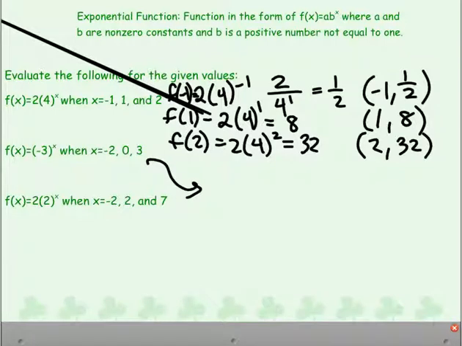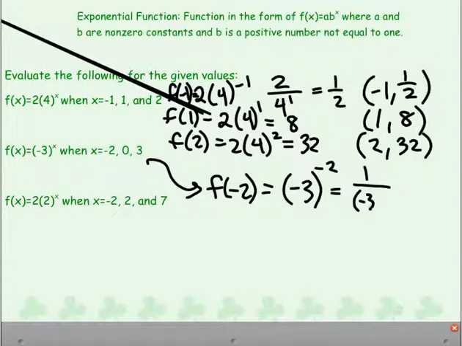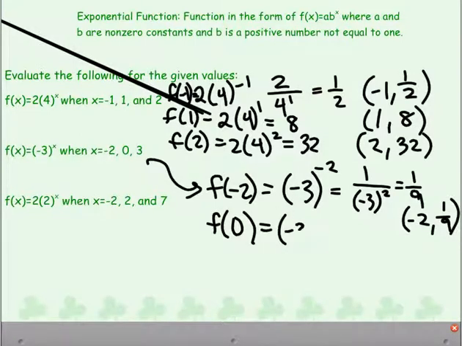I'll just do this one for us. So if I have f of -2, I'm going to have -3 to the -2nd power, which means I have 1 over -3 squared, which is really 1/9. So I have a point at -2, 1/9. Then f of 0 is equal to -3 to the 0 power, which is just 1.